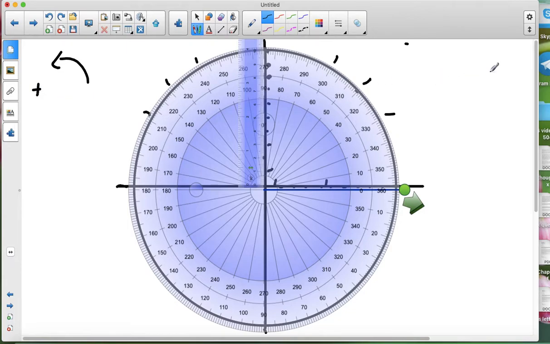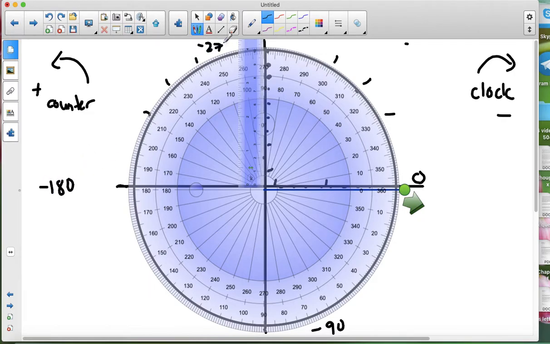And if I go this way, it's just clockwise, and this is counter. This direction would be negative. So you have possibilities of going 0 degrees, minus 90, minus 180, minus 270, and then minus 360.